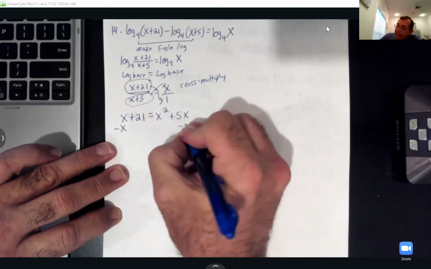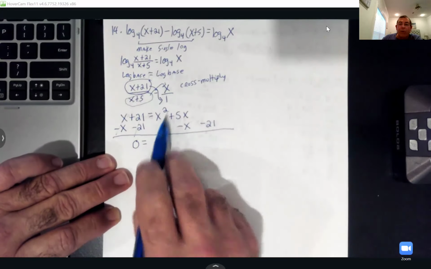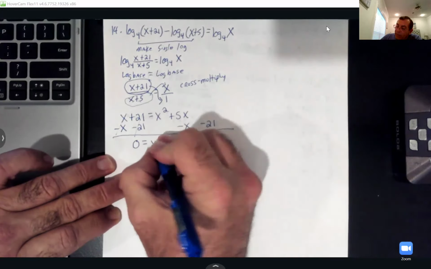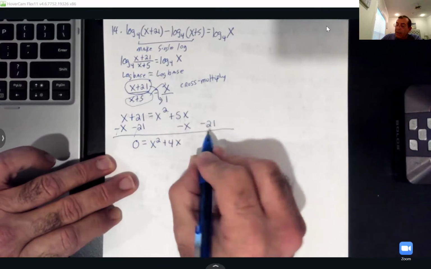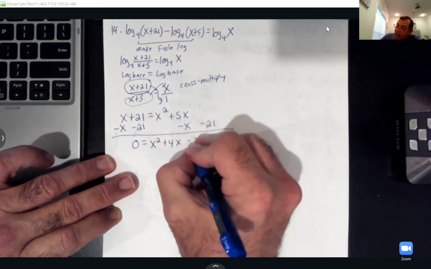So the x's cancel, the 21's cancel, we're left with a 0. All right, over here, bring down the x squared. 5 minus 1x is 4x. And then that brings down to negative 21 because it ain't got nothing up there to subtract from. Also, look here. We get to factor again.